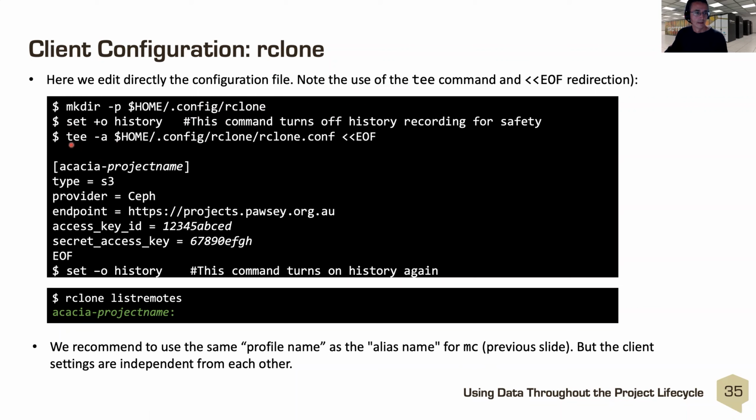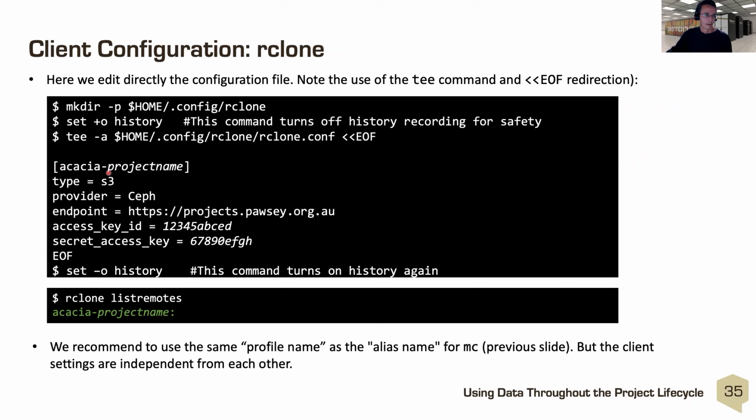And this line is a tricky command, but what it is doing is adding these lines into the rclone configuration file. We are going to add, in brackets, some name, which is basically the same as the alias name, although for rclone it's called a profile name, but it's exactly the same concept.